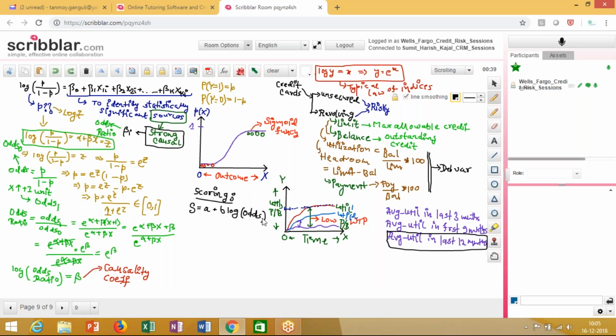So what do you think can possibly be the reason? Why is the scoring equation written as score equals A plus B log odds? Why are we saying that the score is a linear function of the log of odds? Your thoughts on the same, please.